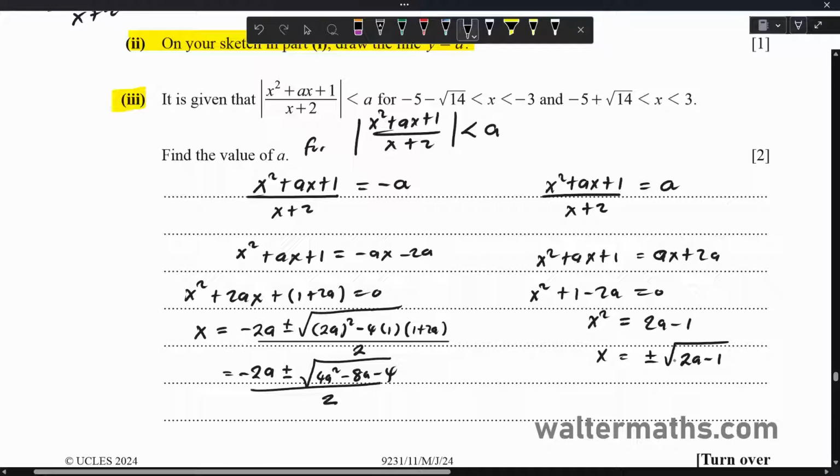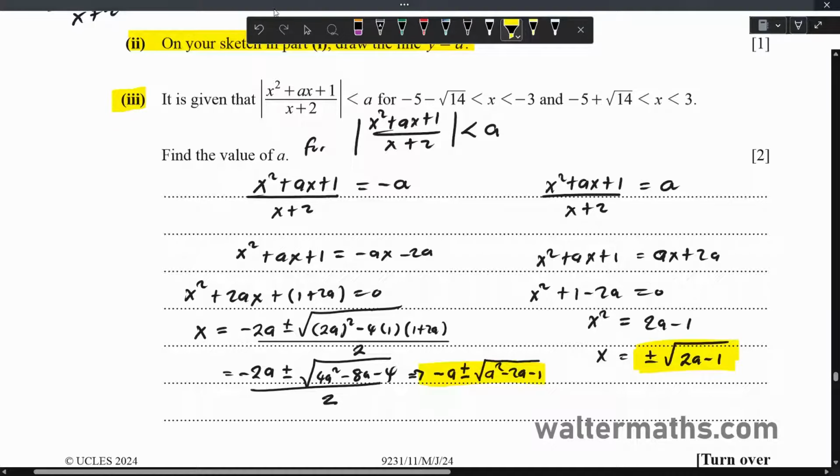If we divide everything by 2, we get minus a plus or minus the square root of, and if we factor out 4, the square root of 4 is 2, so we are just left with a squared minus 2a minus 1. Okay, so these are the roots we have. So we now have the 4 roots.